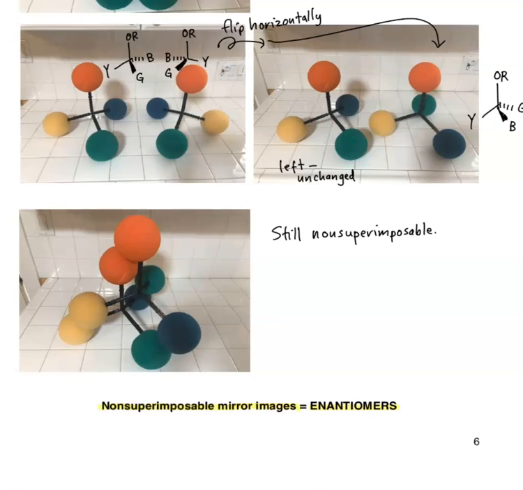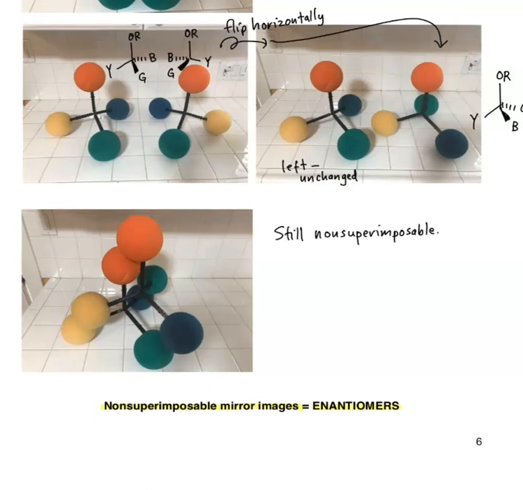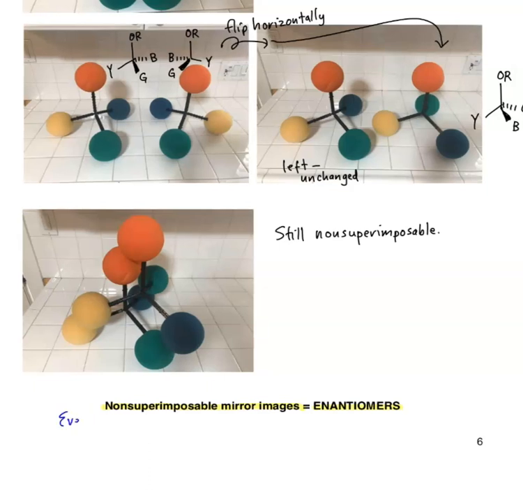Now there are some things that are going to be generally true. First of all, every chiral molecule has one and only one enantiomer.